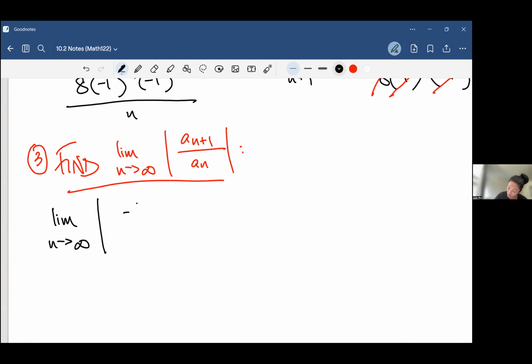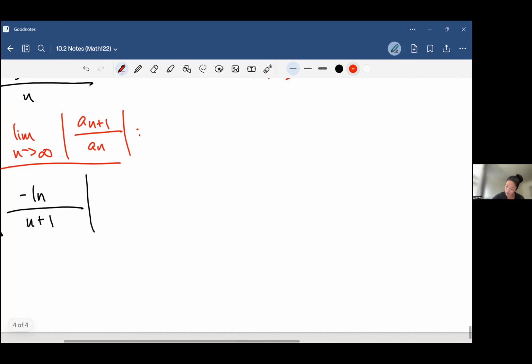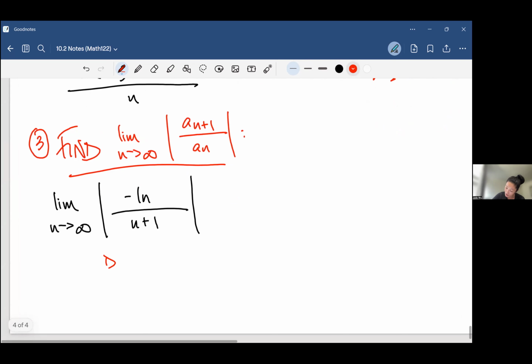We got negative 1 times n over n plus 1. This is where we got to go back to the first video, think about our degrees, okay? And I see that the degree on the bottom is 1, and I see that the degree on the top is also 1.